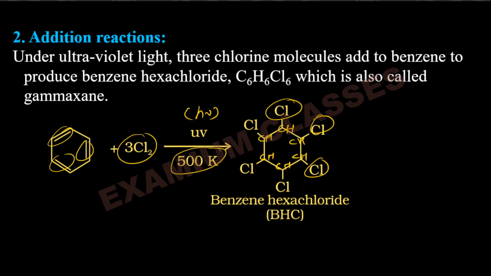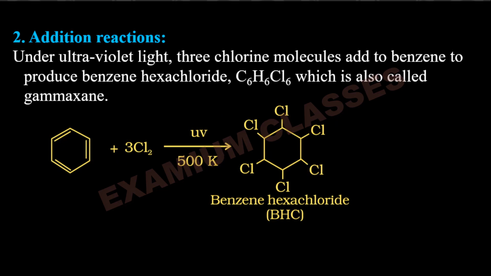So how is it different from the other chlorination substitution reaction? In that case, what happened? We had 3Cl2, but the condition was dark and cold. In that case, it remained benzene, okay, and then hydrogens were replaced by chlorine.